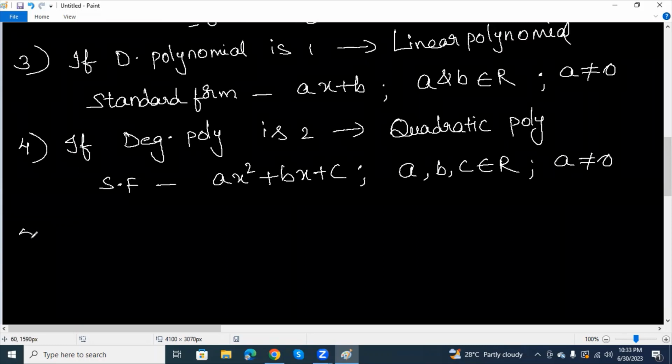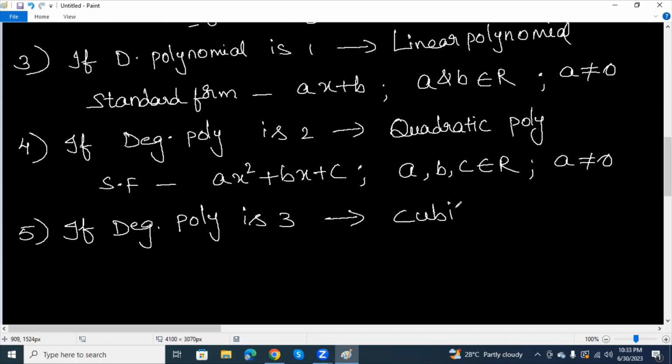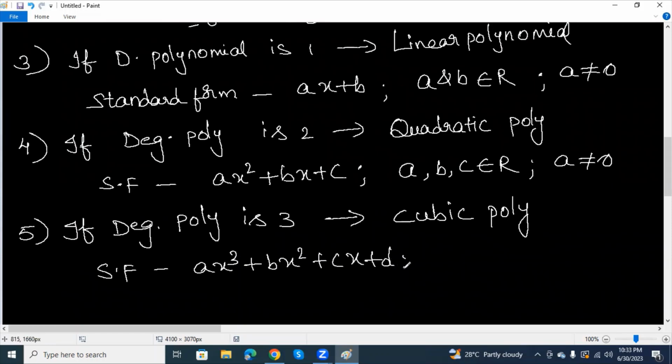Next, if the degree of the polynomial is 3, then we call it a cubic polynomial. The standard form of a cubic polynomial is ax cube plus bx square plus cx plus d. See here the highest power is 3.